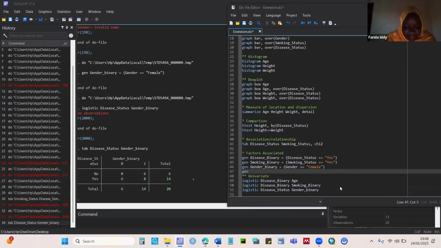Generate no smoke, no smoke equals to 1.